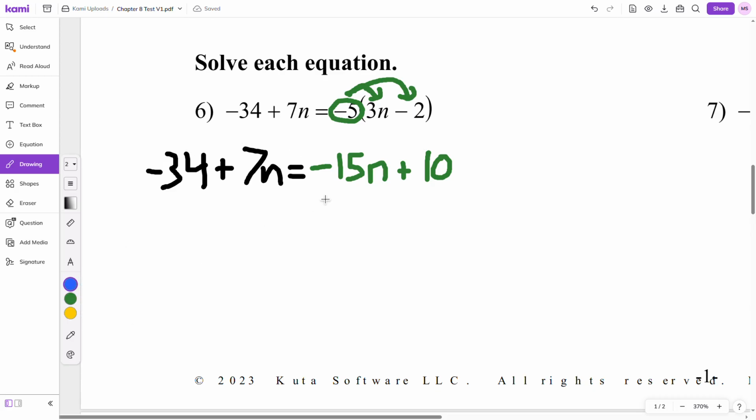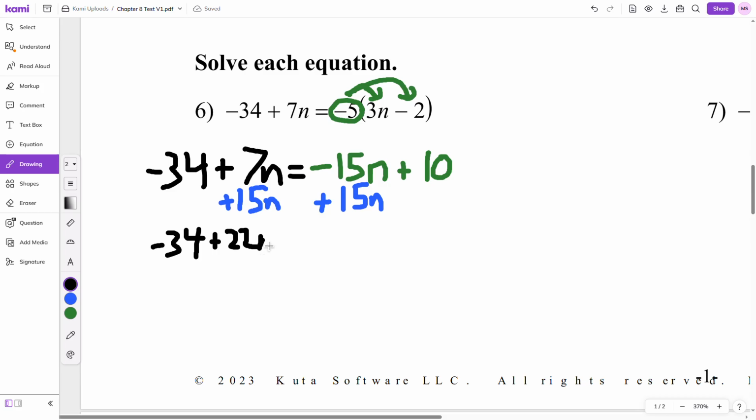Now I want to get those n's positive. So I'm going to add 15n to both sides. And I'll do that over here. And that's going to give me negative 34 plus 22n.